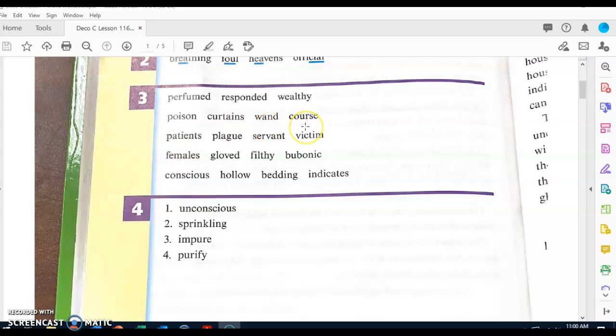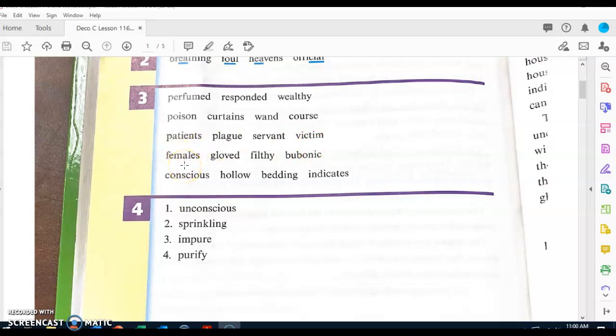Wand. Next word, what word? Course. Next word, what word? Patience. Next word, what word? Plague. Next word, what word? Servant. Next word, what word? Victim.